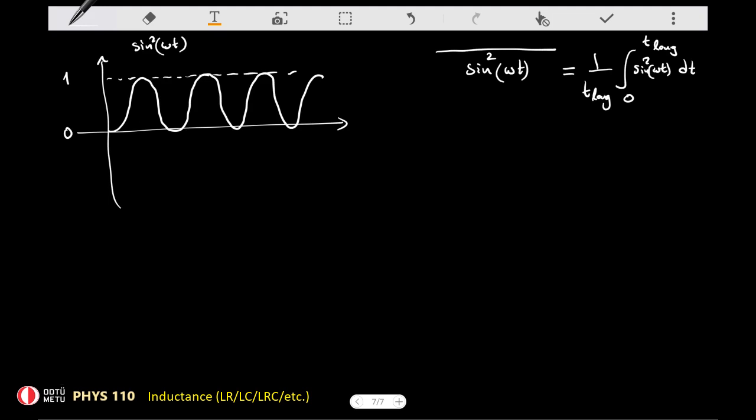But this thing is equal to 1/2. You can think of it as the arithmetic average of 0 and 1, so this is 0 plus 1 divided by 2.